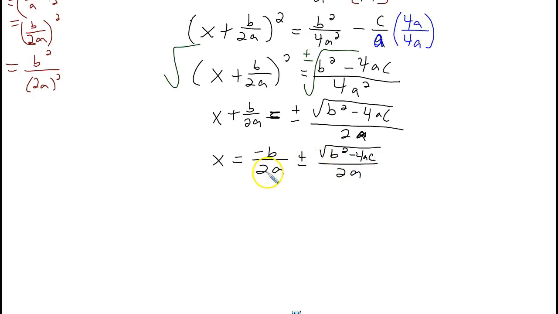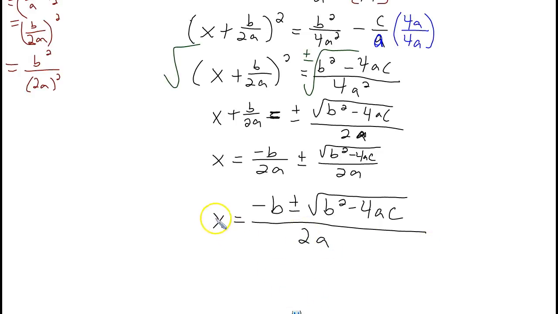And what you should notice about these two fractions is they have the same denominator, so that we can combine them together and just put negative b plus or minus the square root of b squared minus 4ac all over 2a.